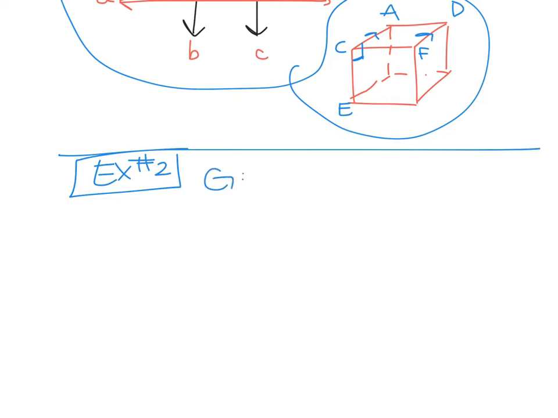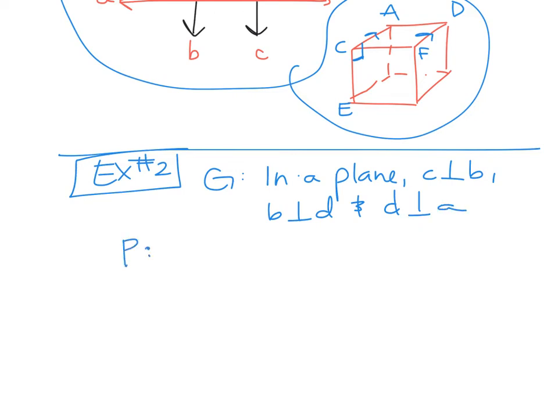This one says, given that in a plane, C is perpendicular to B, B is perpendicular to D, and D is perpendicular to A, we are going to prove that C is perpendicular to A. Lots going on here. Let me draw you a picture, and then I'll give you some time to catch up.